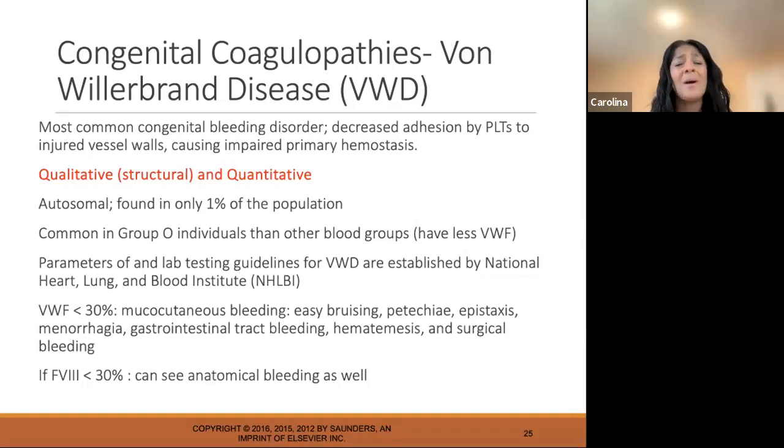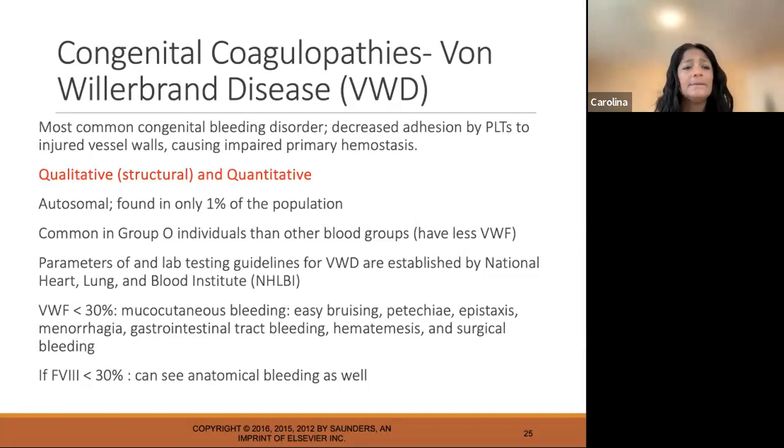When the von Willebrand factor is less than 30%, the patient will have some mucocutaneous bleeding, easy bruising, petechiae, which are small tiny dots of blood in the skin, epistaxis, menorrhagia, which is increased menstrual flow, very high flow, gastrointestinal tract bleeding, hematemesis or vomiting blood, and surgical bleeding, which is bleeding from surgical sites.